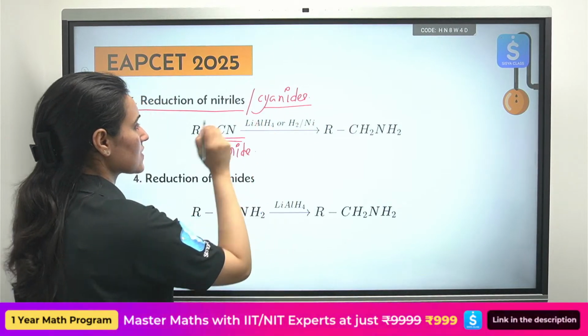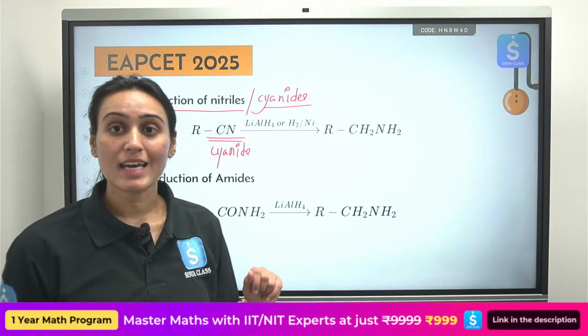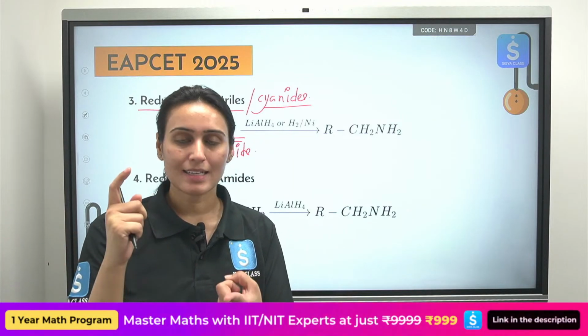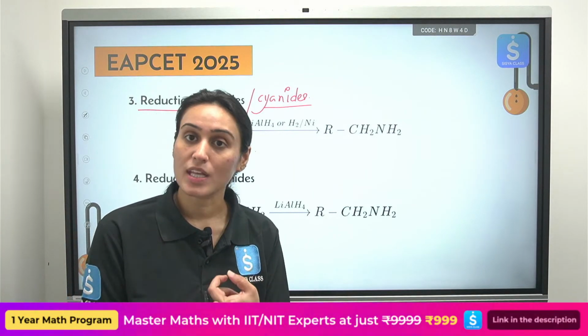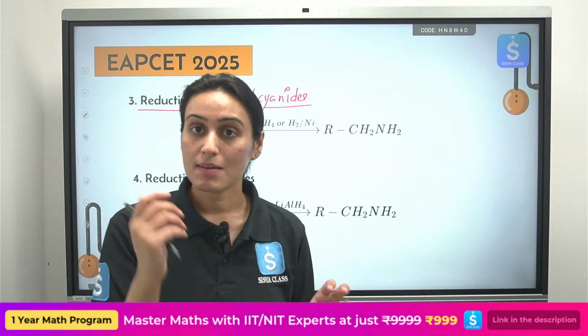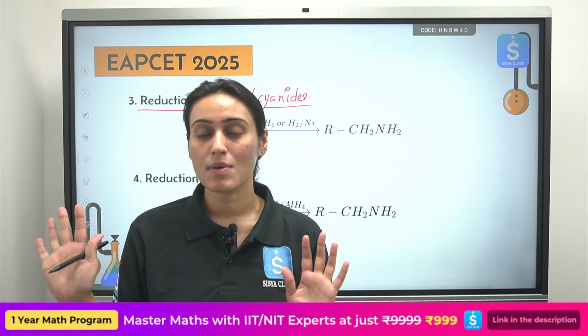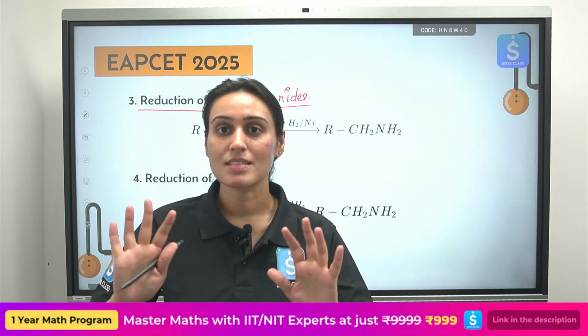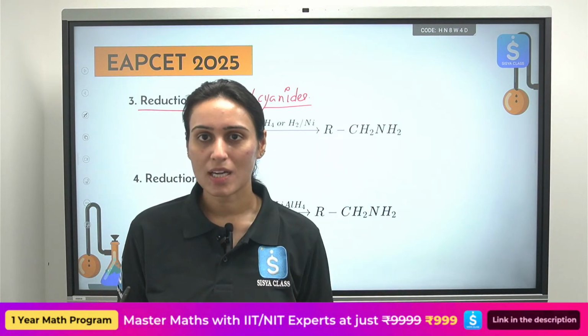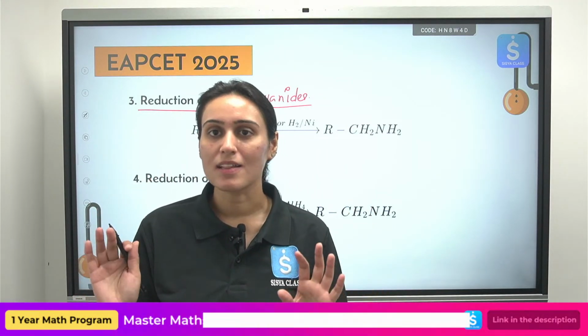See the reducing agent that you are taking here: lithium aluminium hydride, a very strong reducing agent. It can reduce aldehydes, ketones, carboxylic acids, nitriles, and amides also. It is the strongest reducing agent. There is no selectivity involved. You give it a functional group, most of them it can reduce.